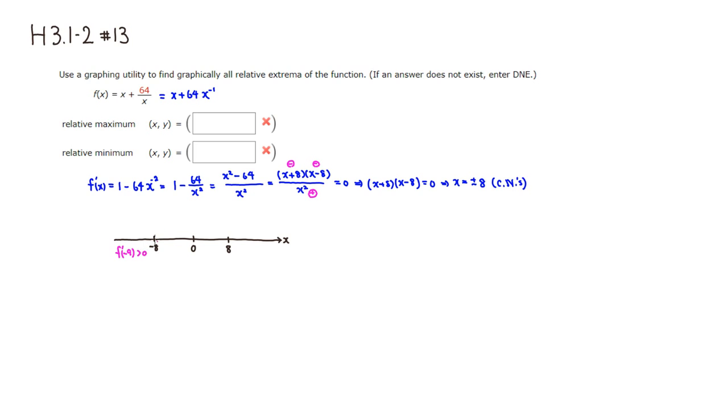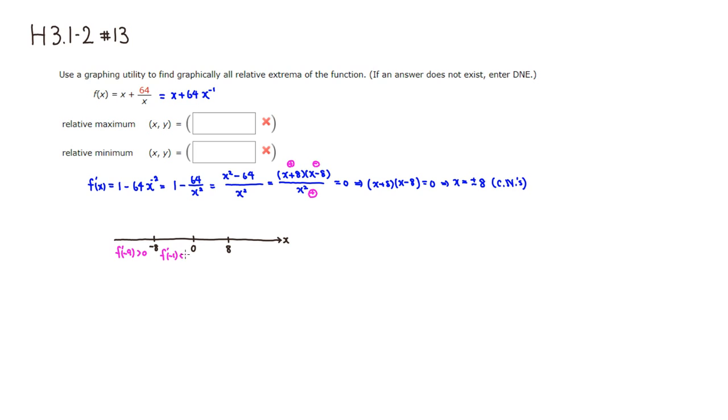Then we want to check anything in between negative 8 and 0. I'm going to try, say, negative 1. Negative 1 plus 8 is positive, negative 1 minus 8 is negative, and the bottom is positive. Positive times negative is negative, and negative divided by positive is negative.